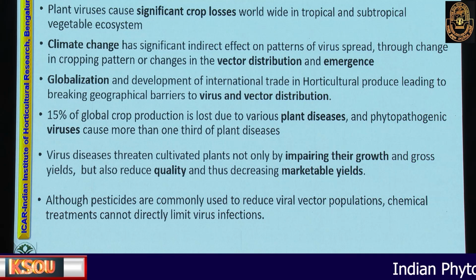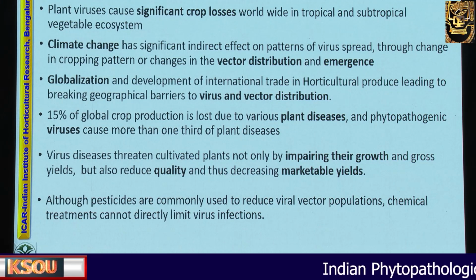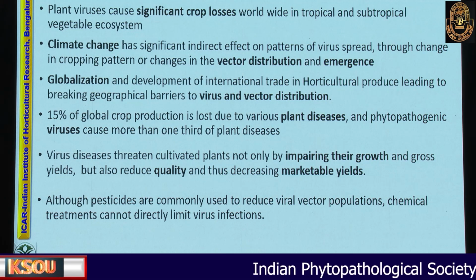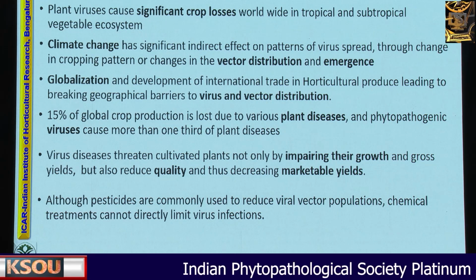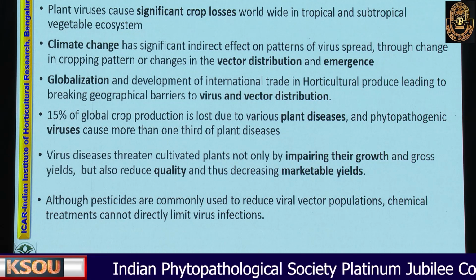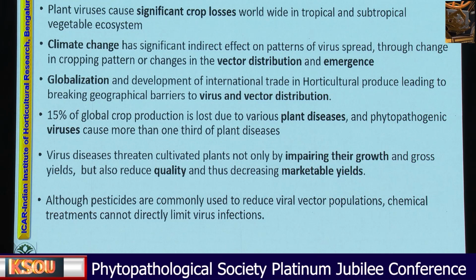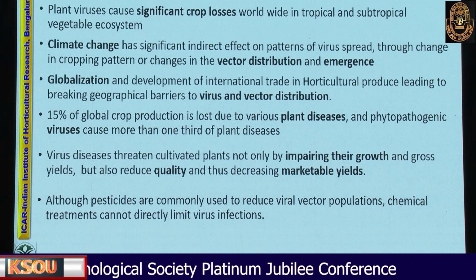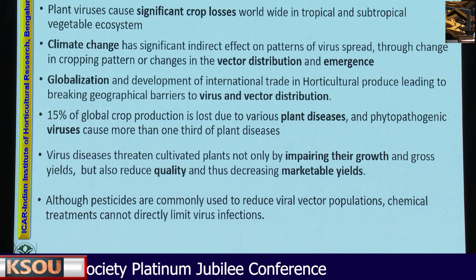In addition, climate change is influencing the insect vectors, which are primarily responsible for virus spread, and the globalization of trade in horticultural crops, especially vegetable seed and planting material, is also responsible for the heavy emergence of vegetable viruses. Of the 15% of global production lost, plant diseases are responsible, and among them, one third is plant viruses.